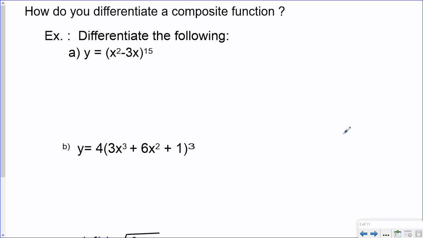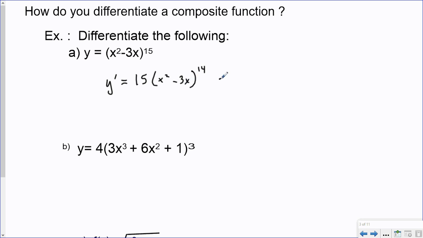So how do we differentiate the following function? We identify the two functions. Something to the power of 15. Well, what's the derivative of something to the power of 15? It's 15, the something goes in my brackets, and then I write 14 here. And that something is x squared minus 3x.